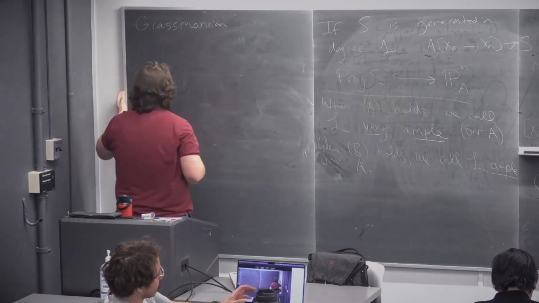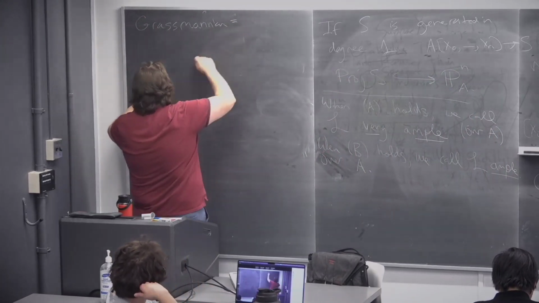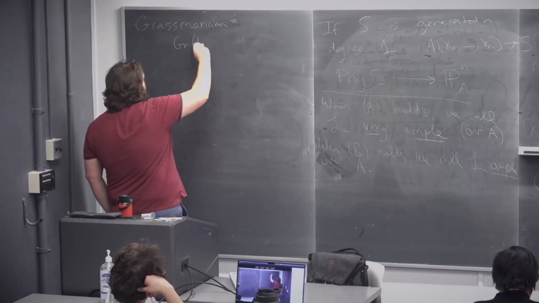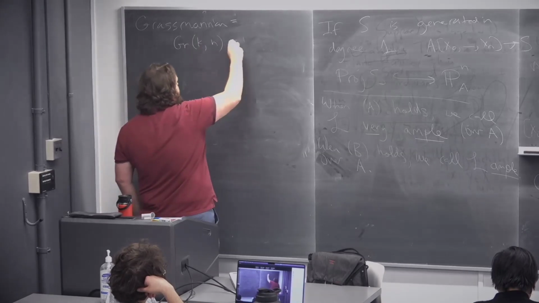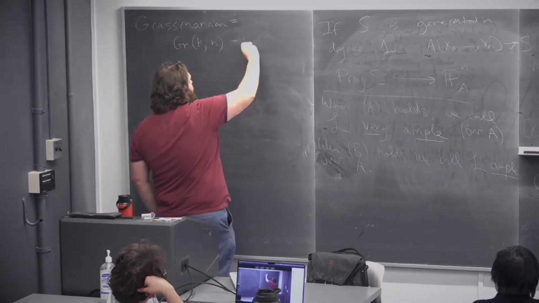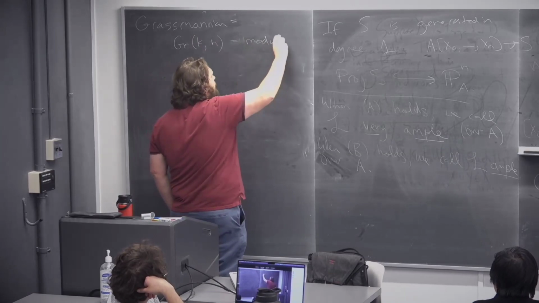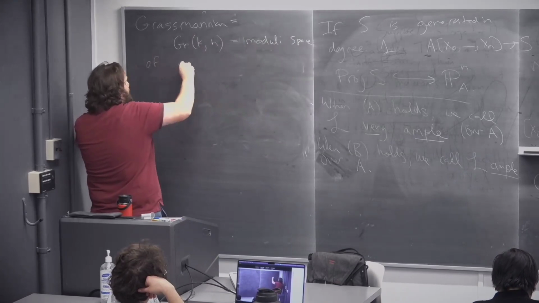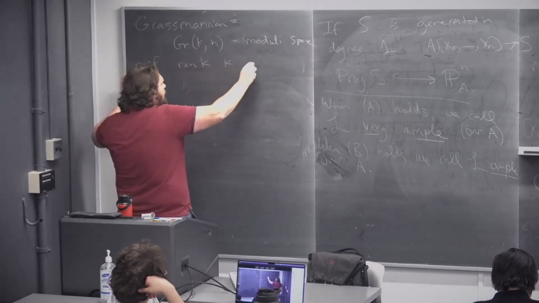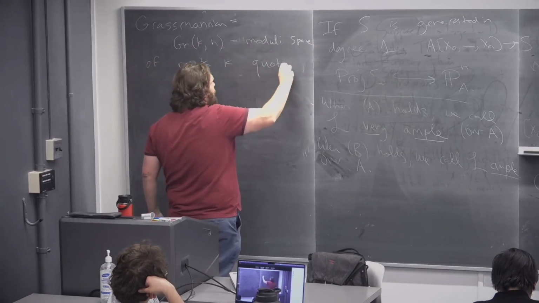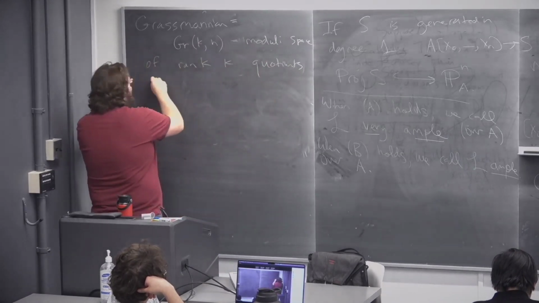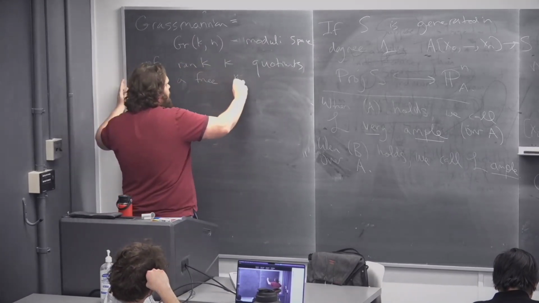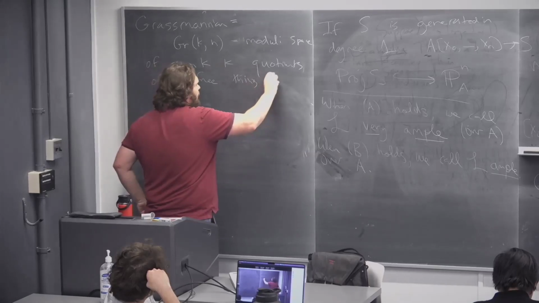So informally, the Grassmannian, you've probably encountered, hopefully encountered this in some smooth context. Gr(k,n). This is the moduli space of rank k quotients of a free thing of rank n.